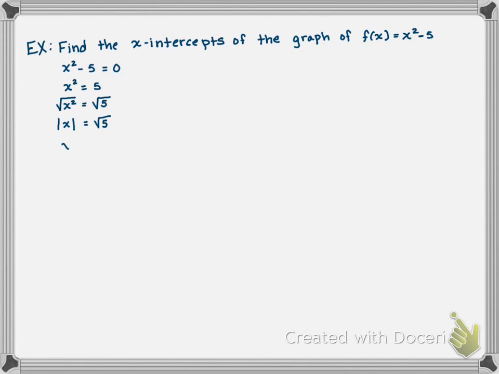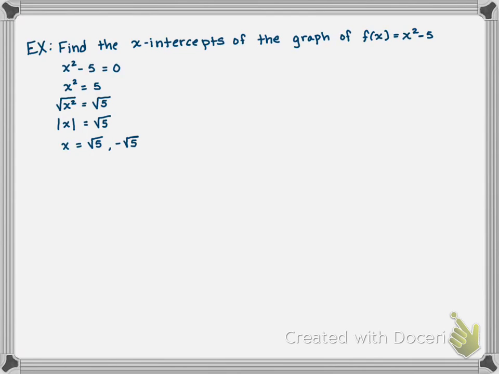So this tells me that x has to be the square root of 5 or the negative square root of 5. And all of that is just a really long way of saying that the number 5 has 2 square roots, right? Which we said all the way back at the beginning when we were talking about square roots, that every number has both a positive square root and a negative square root, and they were any number that could be squared to get 5.